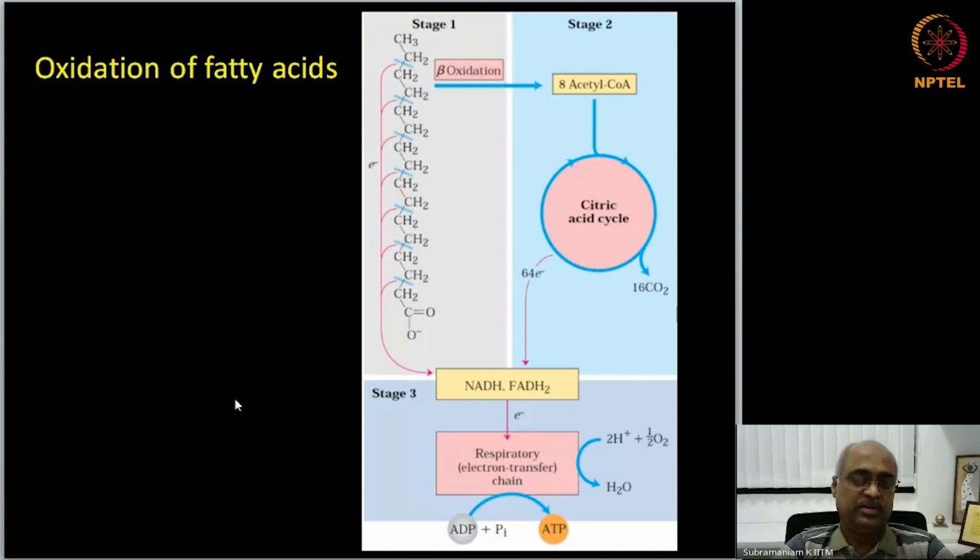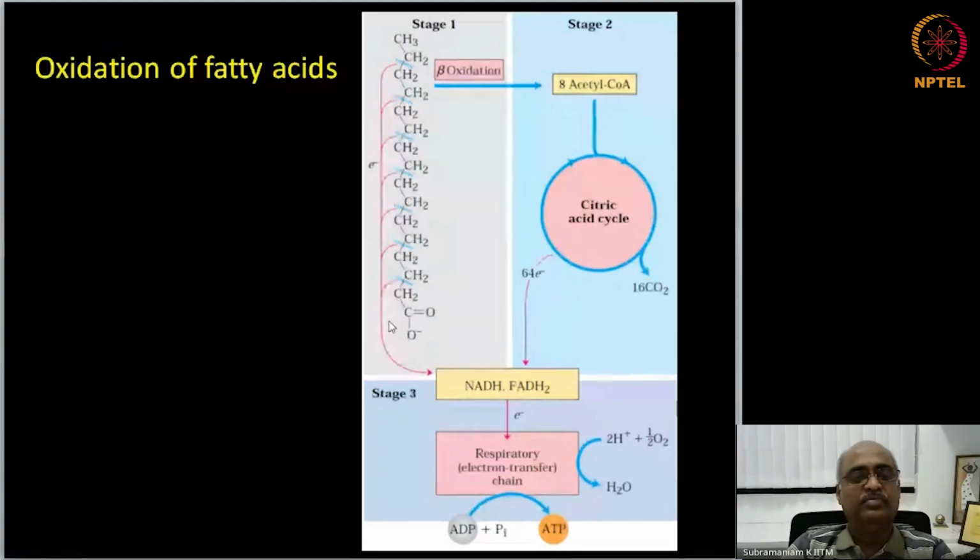in the mitochondrial matrix is where the fatty acid is broken down 2 carbons at a time, as shown in the cartoon here. In the conventional notation, as per IUPAC, this carbon will be 1, 2, 3, 4 and so on.